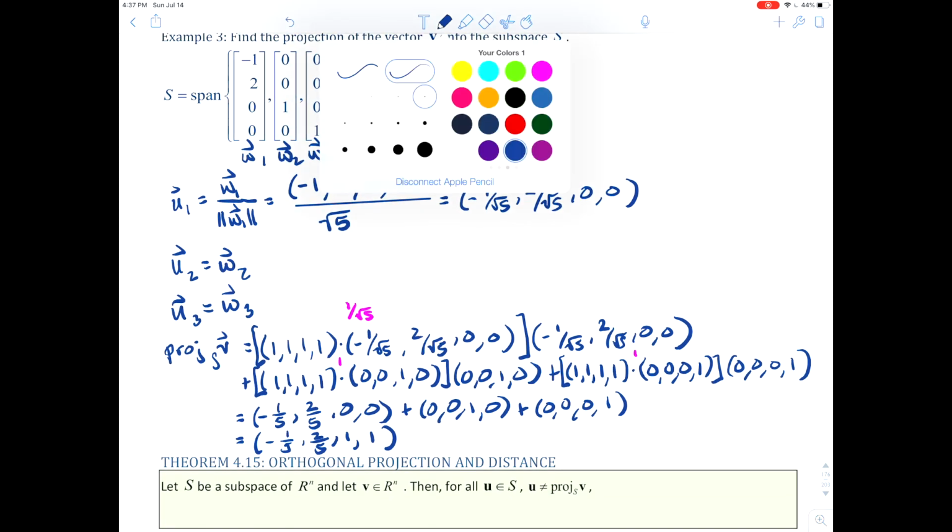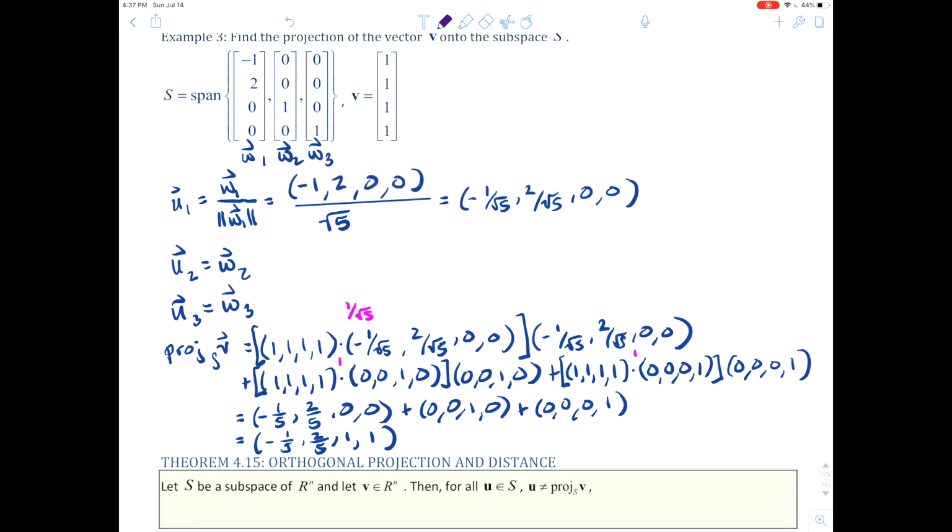So let's put our final answer over here. We'll get the projection of V onto our space S is -1/5, 2/5, 1, and 1. Groovy?